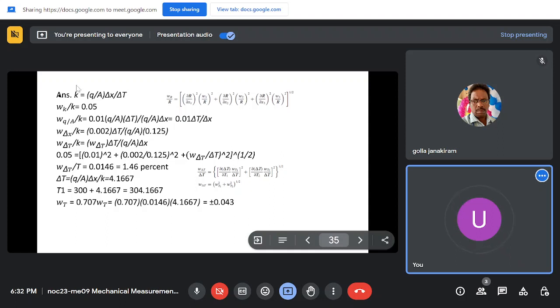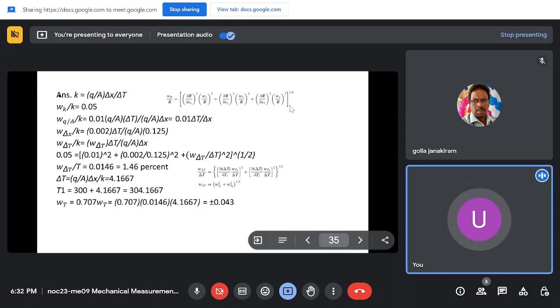We know that WK by K, the uncertainty of K by K, is 5%, so it will be 0.05. And then we also know that WQ by Q by A is 1%.